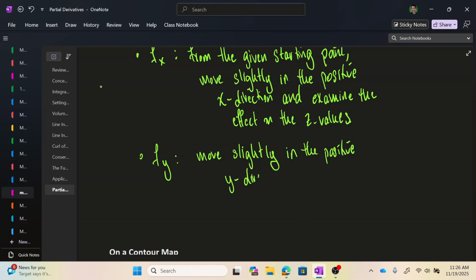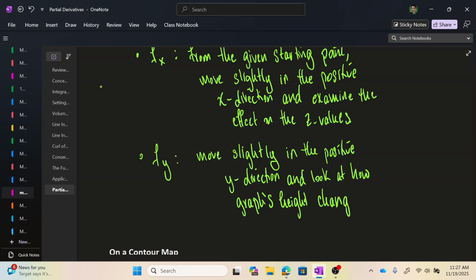And look at the effect of that movement on the heights of the point on your graph. Since the z values are contained and encoded and stored within the graph's height.